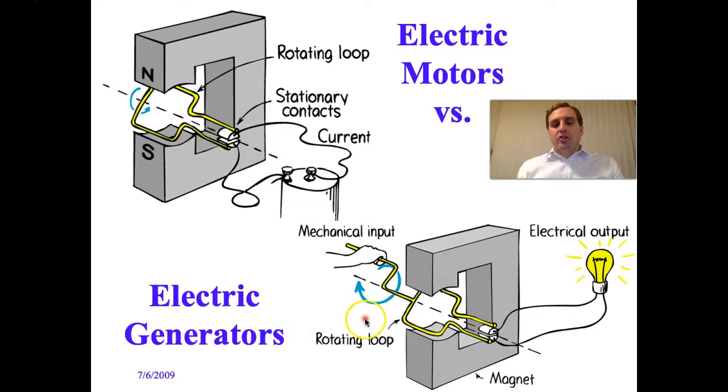With an electric generator, you have to put in mechanical input. So there has to be either a person turning a crank, or expanding steam or a waterfall turning this crank. There will be magnetic forces that oppose the rotation.